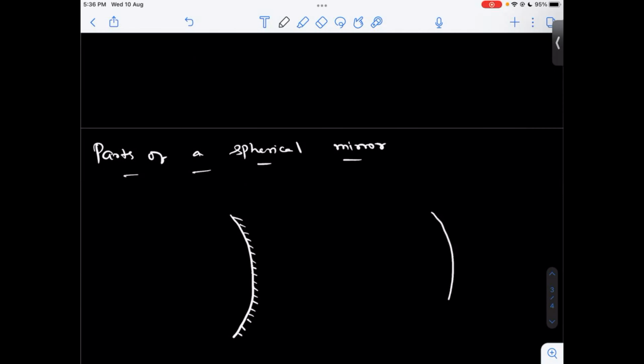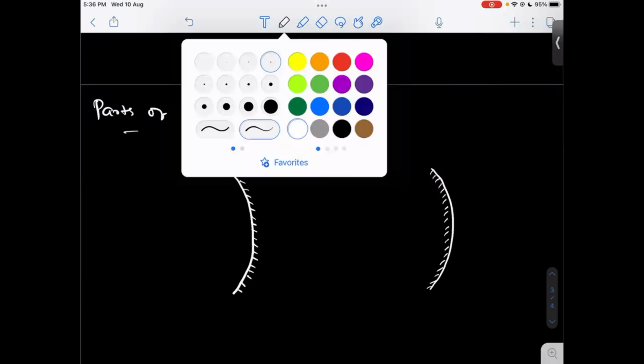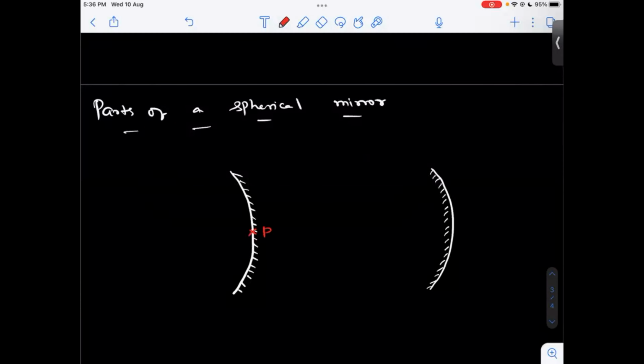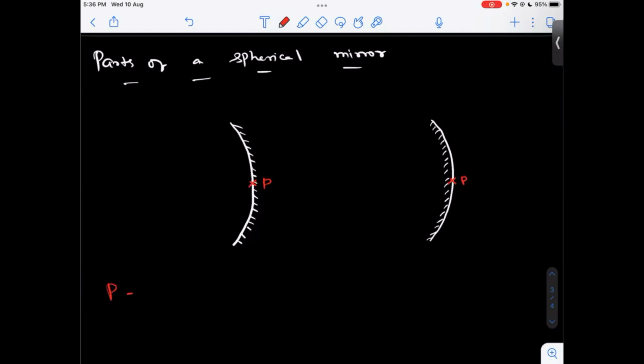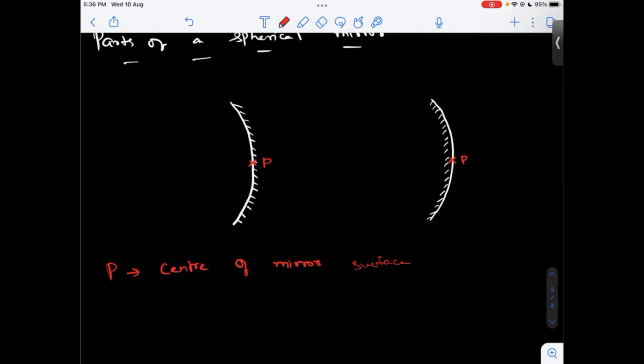So if I take a point P on the mirror where this P is the center of the mirror surface, you call it the pole of the mirror.